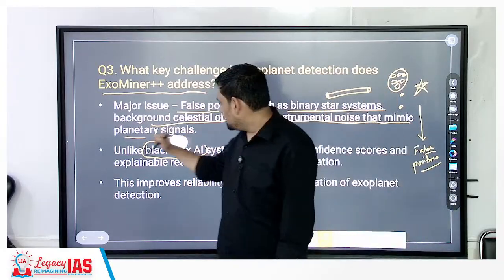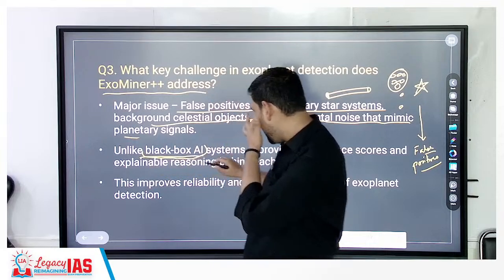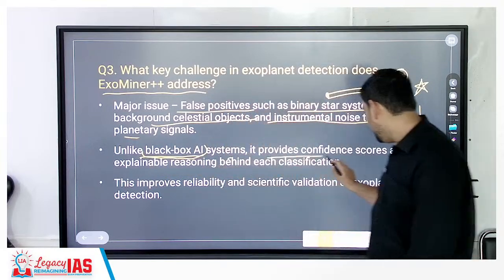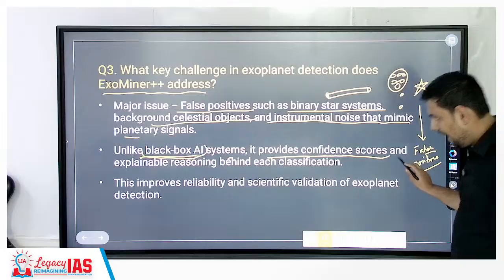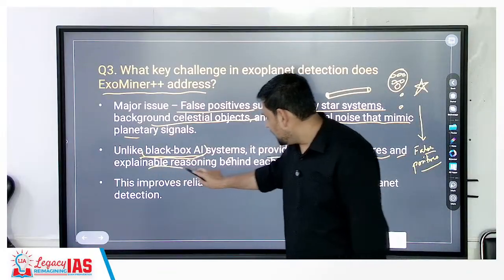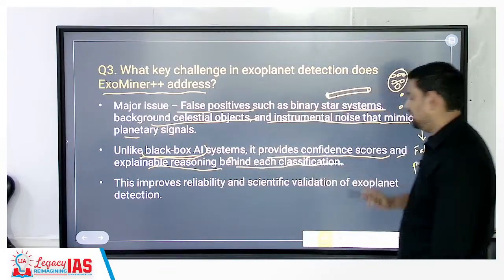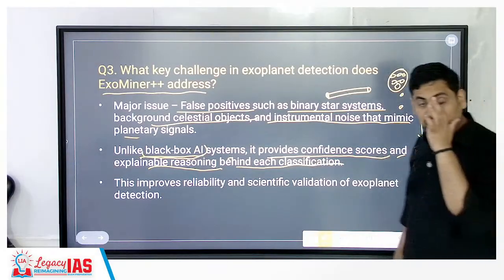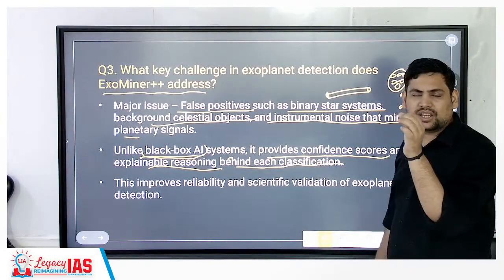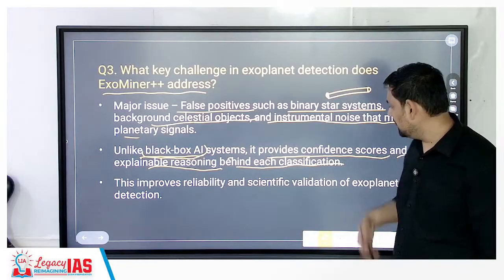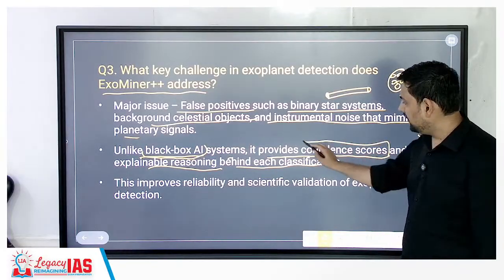Now what ExoMiner+ does, unlike the black box AI systems, it provides confidence scores and explainable reasoning behind each classification. So now it is not just giving you an observation and directly giving you the result. Instead, it is giving you the confidence score.